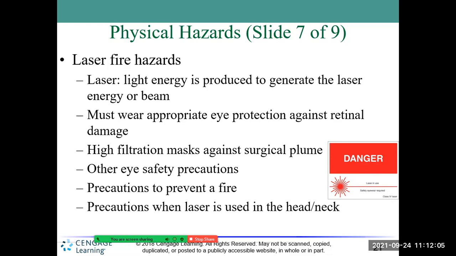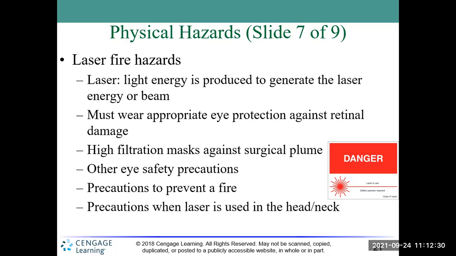This is really important that you recognize this sign, because this tells you there's going to be laser used, so you must wear your protective eyewear to help reduce the retinal damage risk.